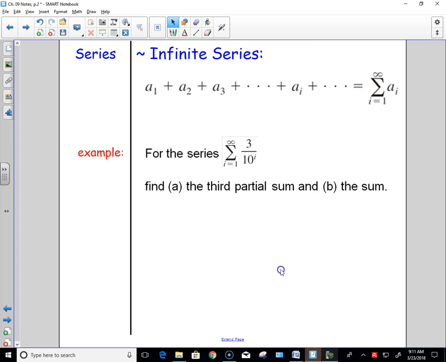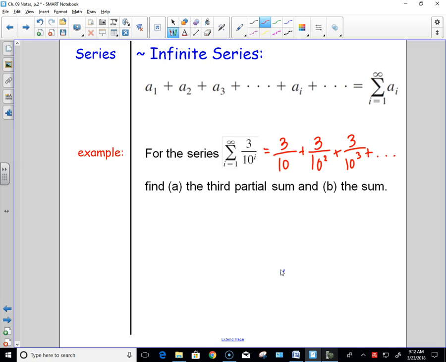A summation, what the sigma denotes, says plug in 1, plug in 2, plug in 3, plug in 4, until... well, infinity says keep going. Third partial sum, part, not the whole thing.